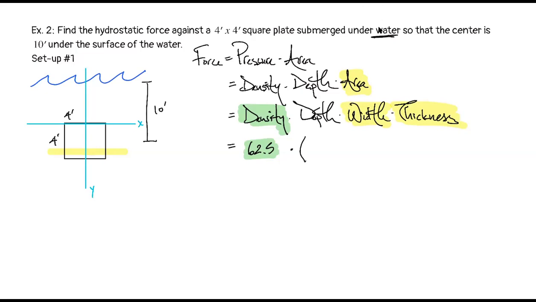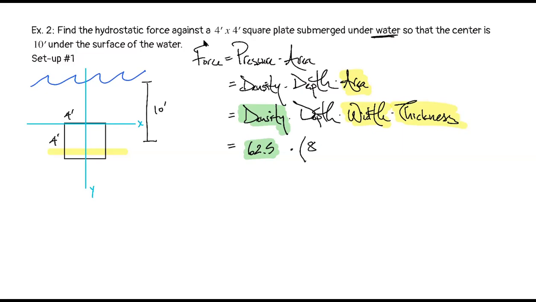How did you get 8 feet? Half of 4 is from the center to the top, and you subtract that from the depth of the center. Yeah, so I know that it's 10 from the surface to the center, but I only want from the surface to the top of the square. So the difference is 2, so 10 minus 2 gives me 8.